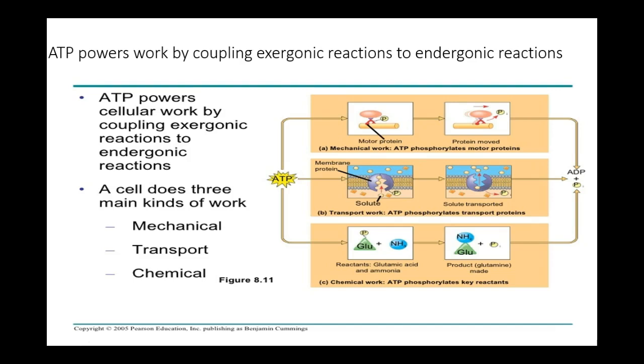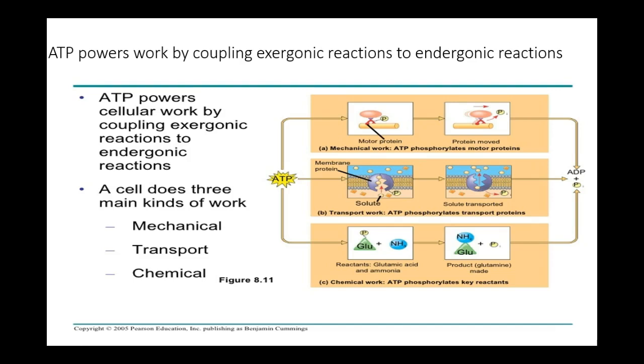Transport work is pumping substances across membranes, so the transport kind of causes that turbine to turn so that something can move from point A to point B. And then mechanical work, such as contracting of muscles, beating of cilia, beating of flagella.